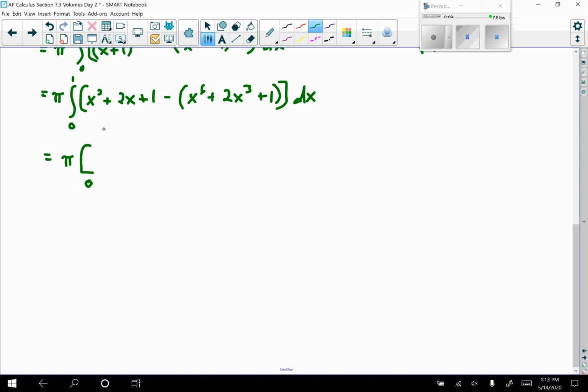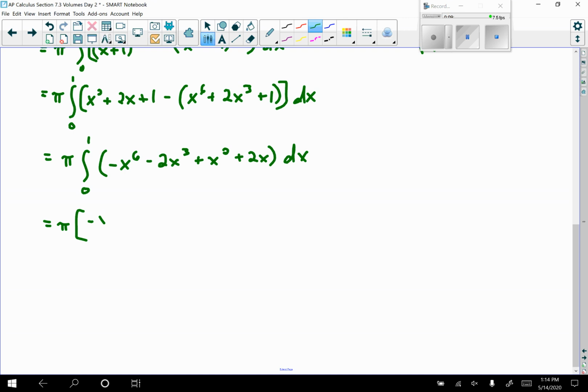Carefully subtract. So we don't really have any like terms. I'm just going to write this in order here. So we're going to get a negative x to the 6th minus a 2x cubed. Our 1's are definitely going to cancel out. So then we'll get a plus x squared plus 2x, and then we'll take the antiderivative here.